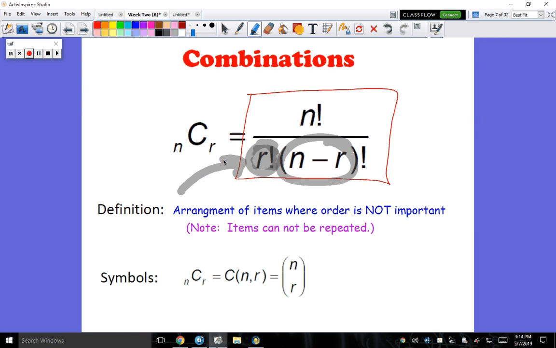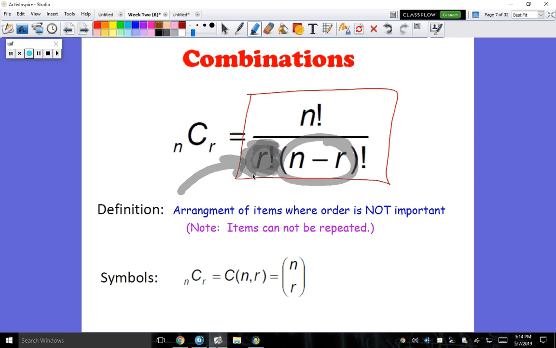But with combination, it doesn't matter where Jeremy is, just as long as he's on the team. That's what this is doing here, guys. When I divide by the different arrangements, the different ways that I can arrange Jeremy in that pool of 5, then I'm only accounting for Jeremy being on the team. So that's where the combinations come into play.